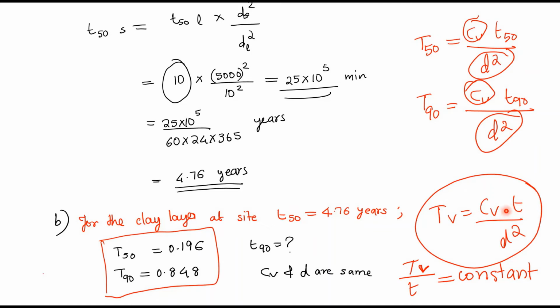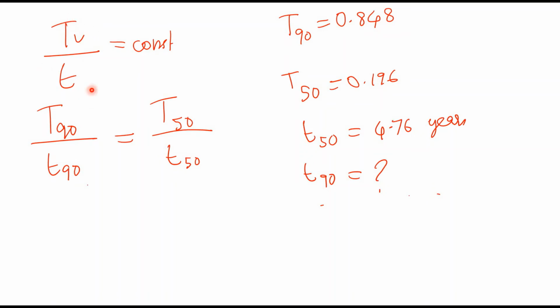Since CV by D square is a constant, TV by small t will also be a constant. So we have the 90% consolidation time factor and time required to reach 90% consolidation, and the 50% consolidation time factor divided by the time required to reach 50% consolidation.